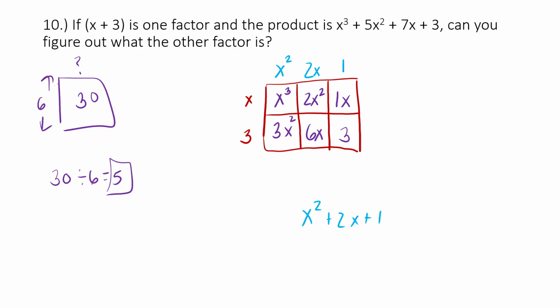So we did x to the third plus 5x squared plus 7x plus 3 divided by x plus 3, and it gave us the other dimension, and you can see the numerical equivalent there. We did 30 divided by 6, and that gave us the other dimension, which is 5. Here we have the area divided by the height, and it gives us the other dimension.